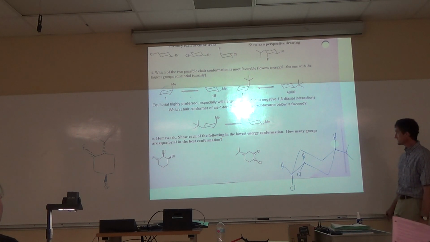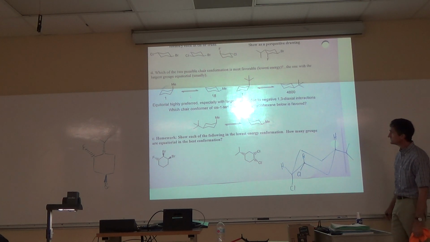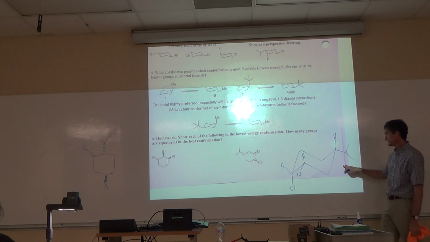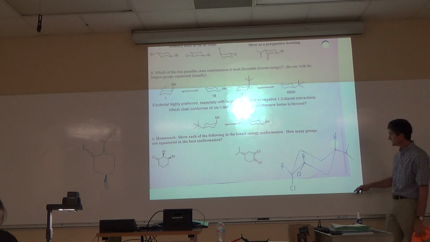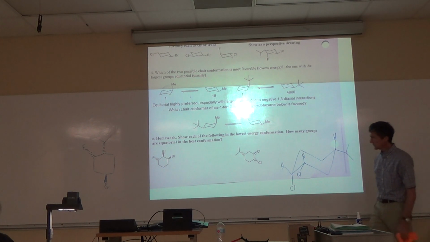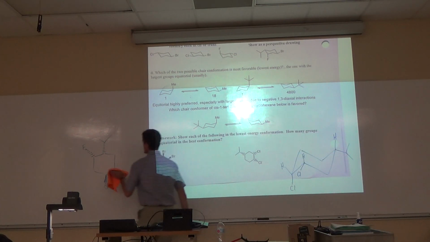My original is the best, because if I drew a ring flip, I kind of wish it was not the best, then we could do a ring flip. Whenever I do a ring flip, it all depends on if we're going to worry about stereochemistry or not.